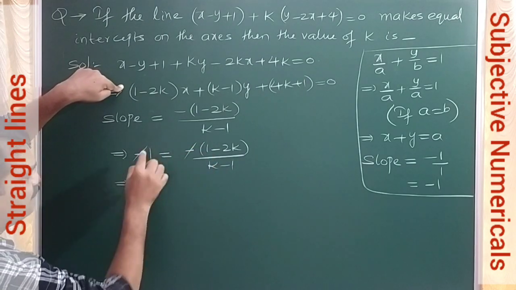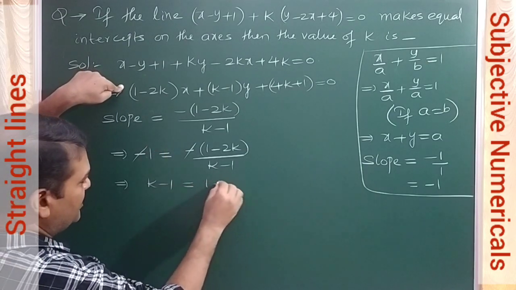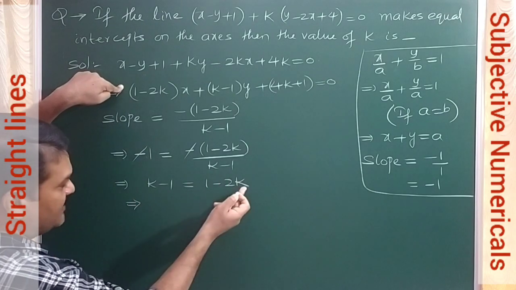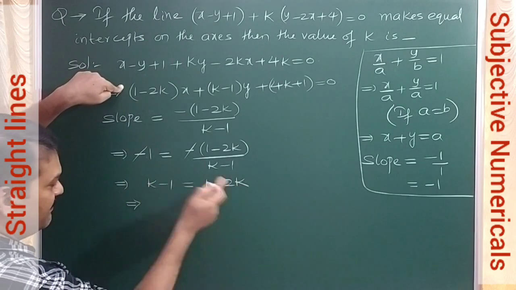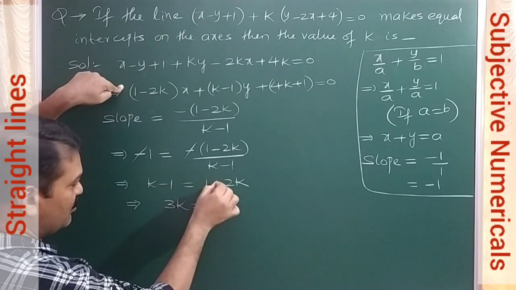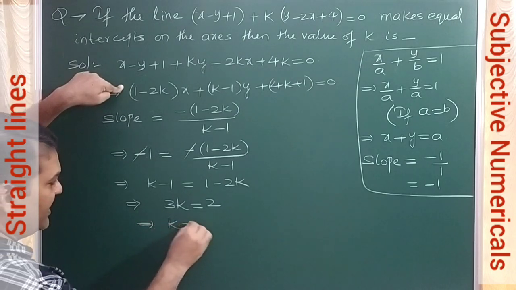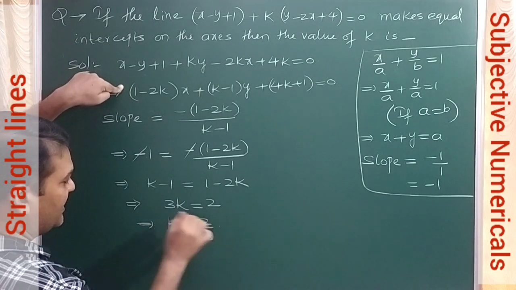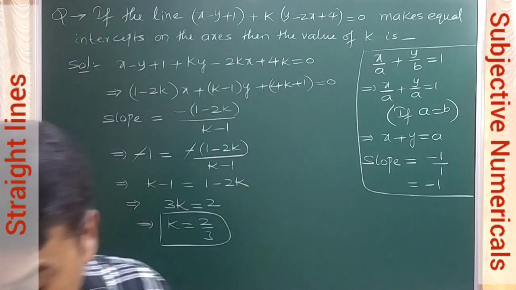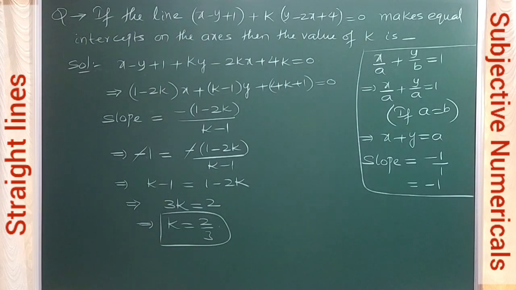Cross multiply now. k minus 1 into 1 is equal to 1 minus 2k. So this minus 2k taken to this side: k plus 2k, that means 3k. Minus 1 goes to this side: 1 plus 1, 2. Therefore, we get k is equal to 2 by 3. And this is what they are asking in the question, the k value is required. Okay, so this concludes the solution of this.